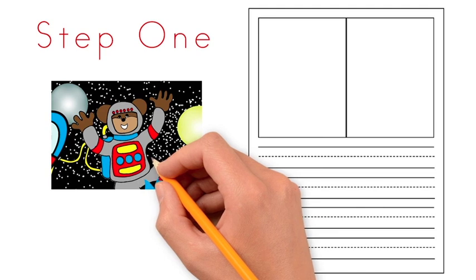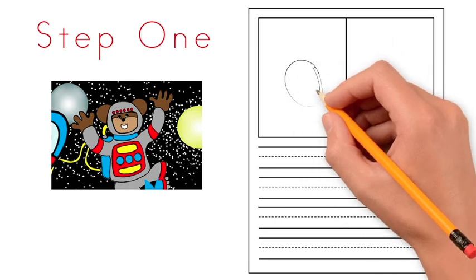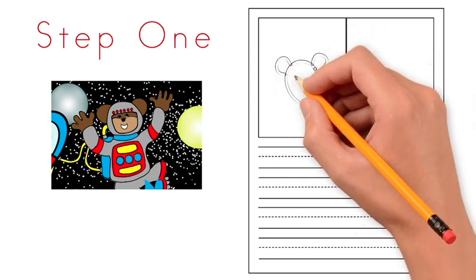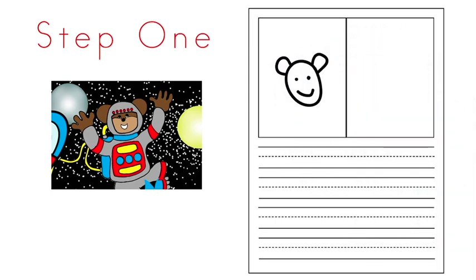A bear. Go to the planning page and draw a quick sketch of the bear in the top left box. That's where we put who or what our sentence is about. Step 2. Go back to the idea and ask, what about the bear?